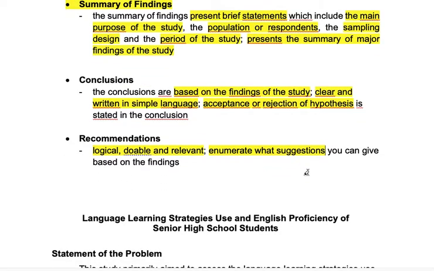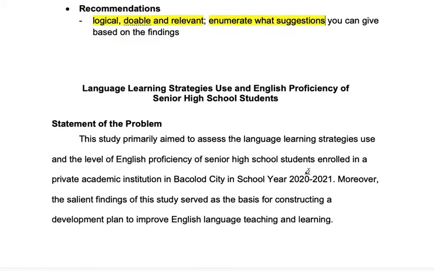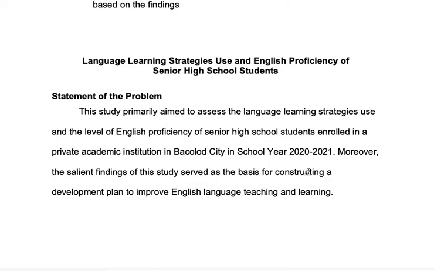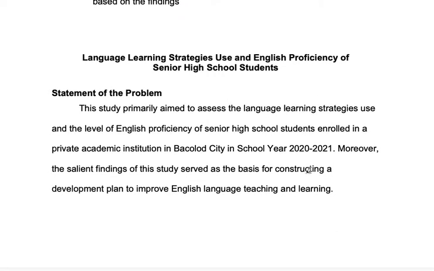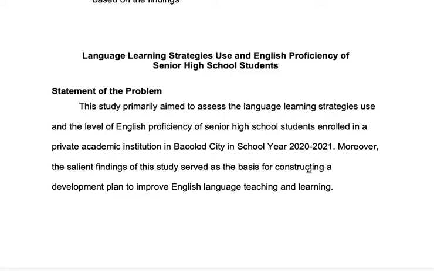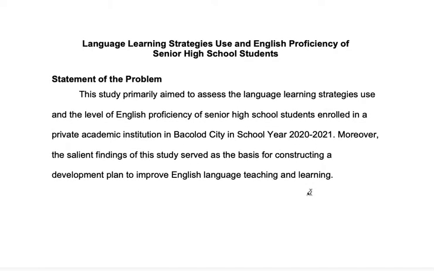At this point, I will share with you from our sample research papers, titled Language Learning Strategies Use and English Proficiency of Senior High School Students, the conclusion and recommendations part of this paper. But first things first, we begin with the main purpose of this study.